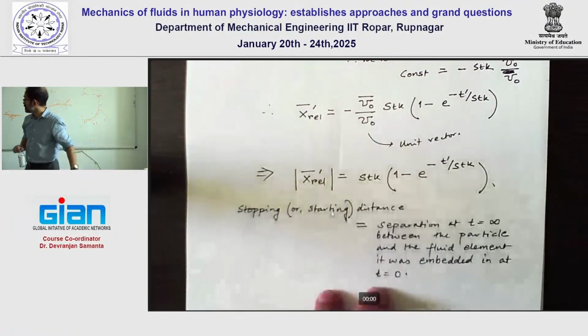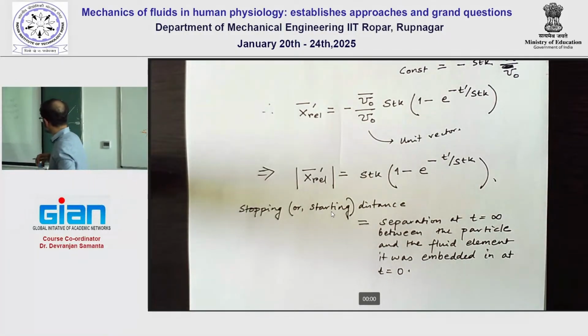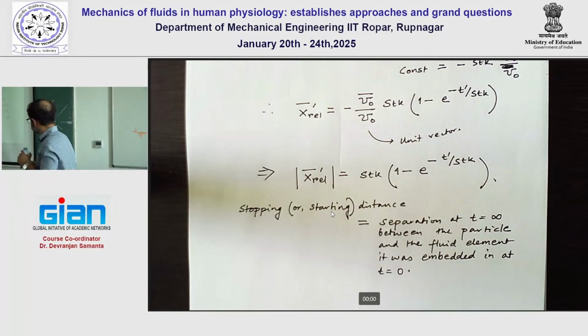Right? And that was quite evident in the way we took the initial assumption that the x relative was 0. So the fluid element on which the particle is getting embedded is intrinsic to our understanding of this problem.